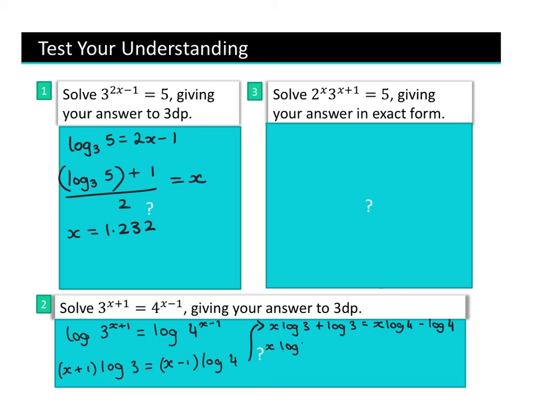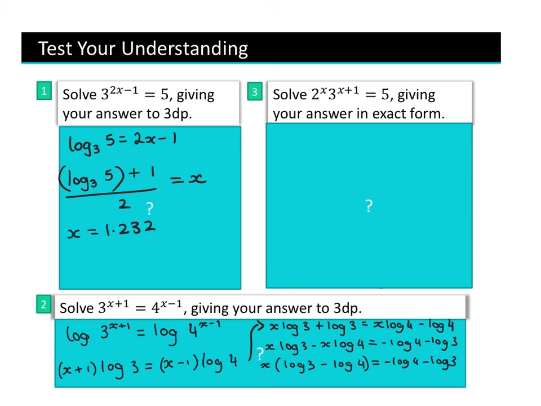I'm going to get x log 3 minus x log 4 equals minus log 4 minus log 3. If I factorise out an x, I'm going to get x times log 3 minus log 4, which equals minus log 4 minus log 3.